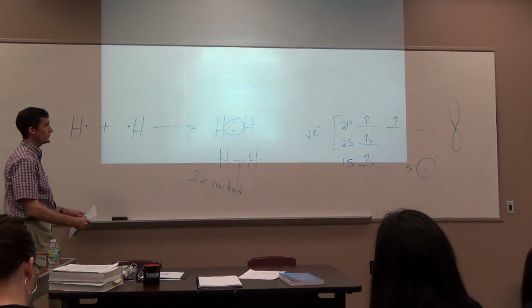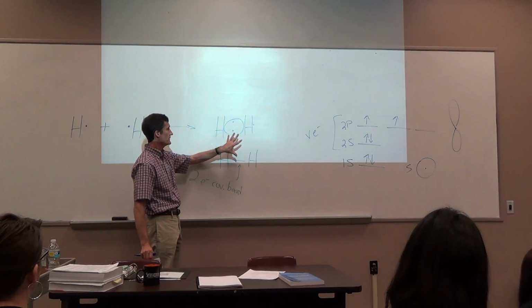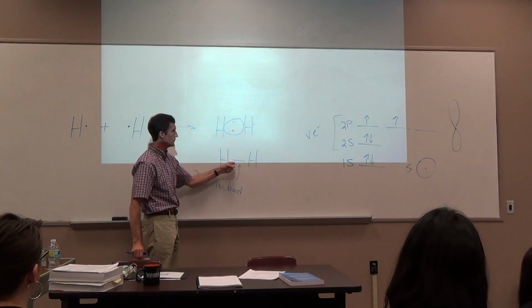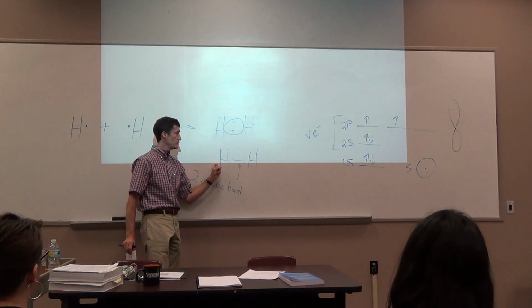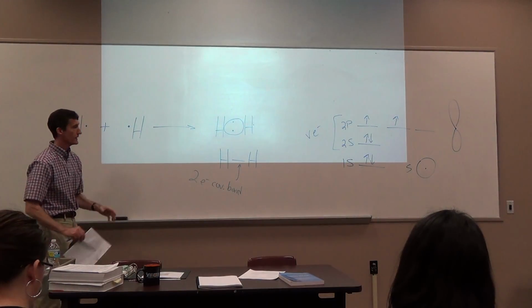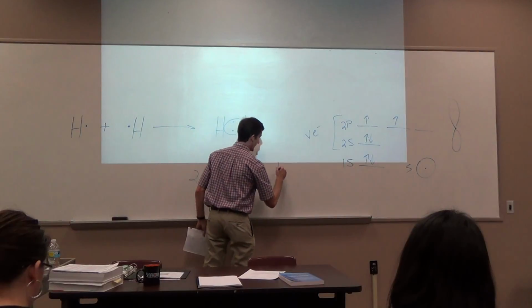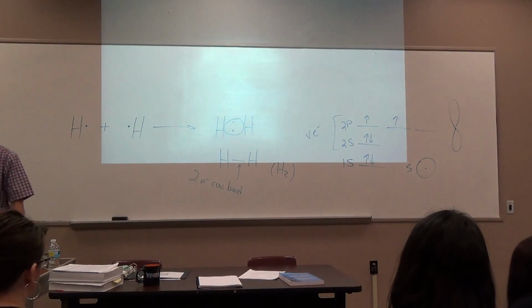I'm basically saying overlap of interaction of two electrons in an orbital. You can even get into molecular orbitals, a two-electron covalent bond, sharing of electrons, as opposed to this one stealing that one and making ions. And then we call this H2, and we know H2 is hydrogen gas.